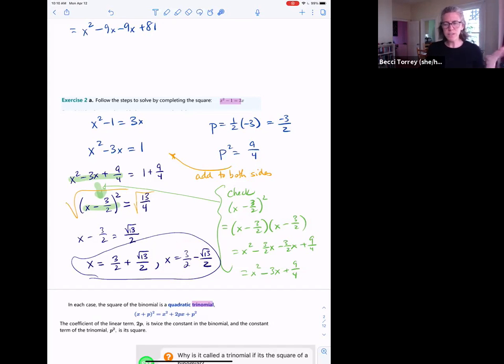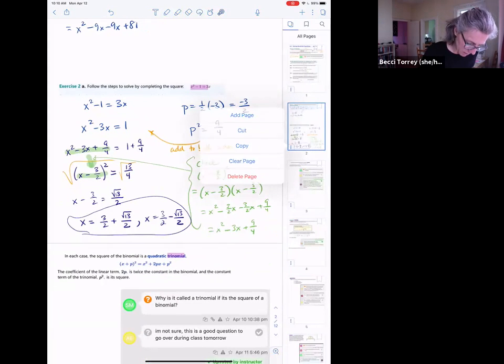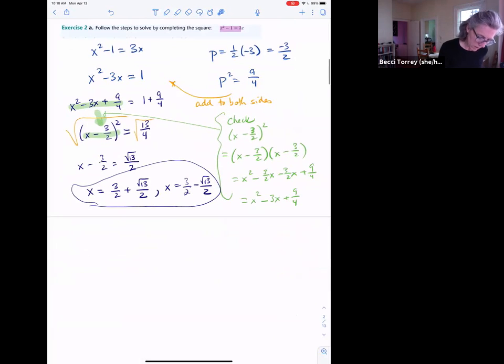Personally, I don't really use it because I just go straight to the quadratic formula, which will also give us the same solutions. So actually, let's maybe just do that now. Or we can use the quadratic formula. Either one is fine, whichever one you prefer.